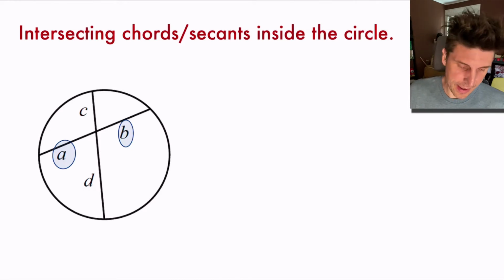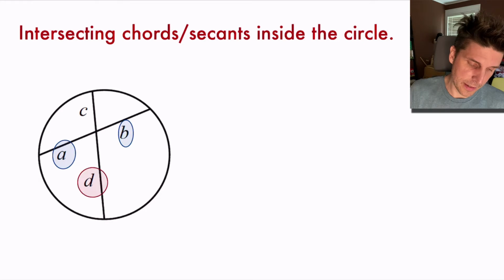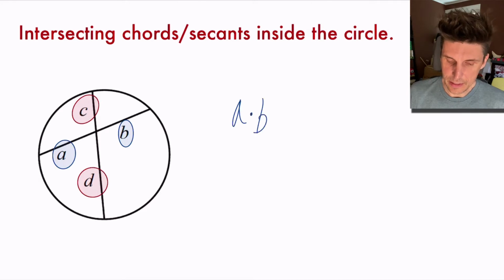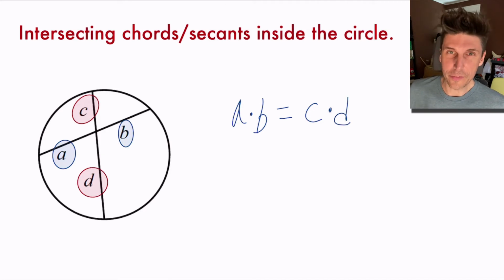So A and B in this case are related, and segments D and C are also now related. The relationship is that A times B equals C times D. I think of it as part times part equals part times part. You multiply the parts of the first chord together, and the parts of the second chord together again.